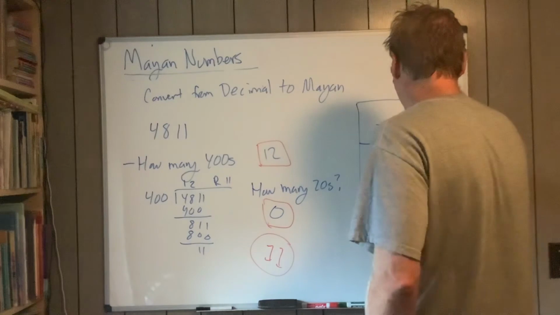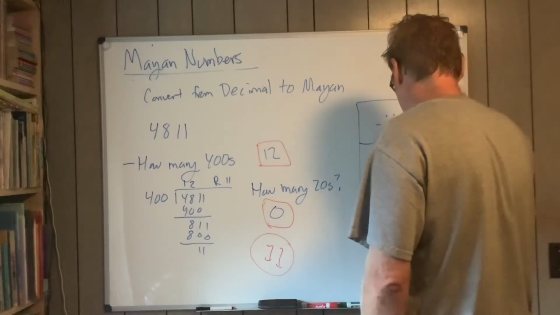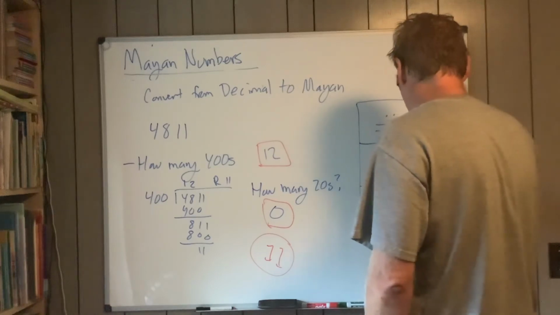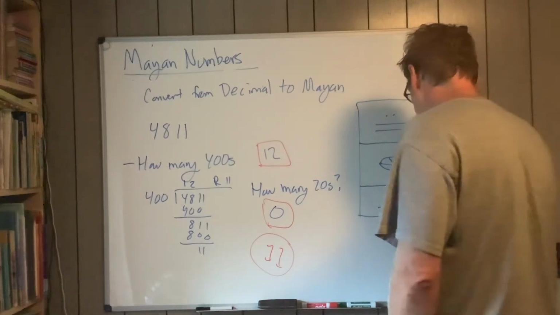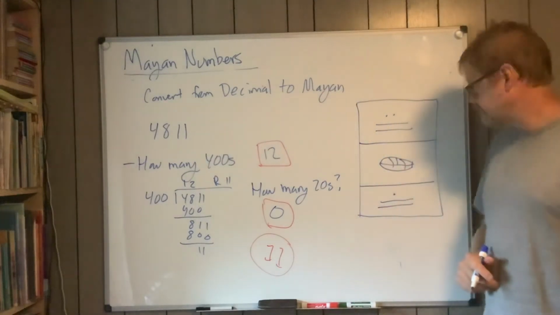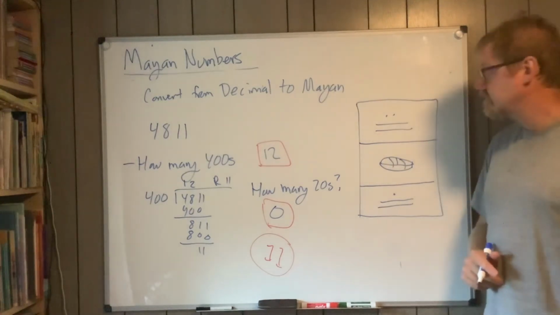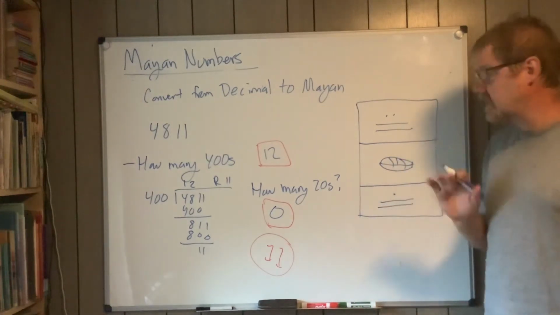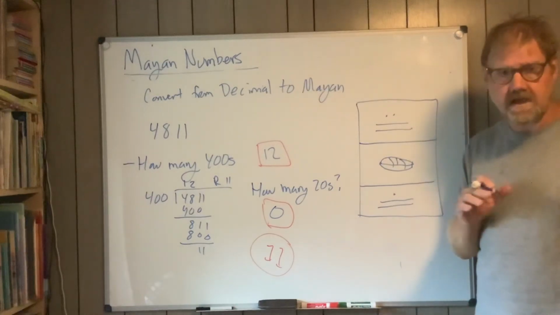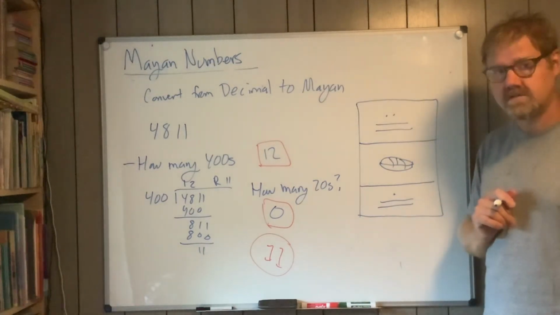So 12, 0, and then 11, like that. That should give us a little bit of sense of Mayan numbers, and I think I'm going to do another video that has one addition problem in Mayan as well. So stay tuned for that.